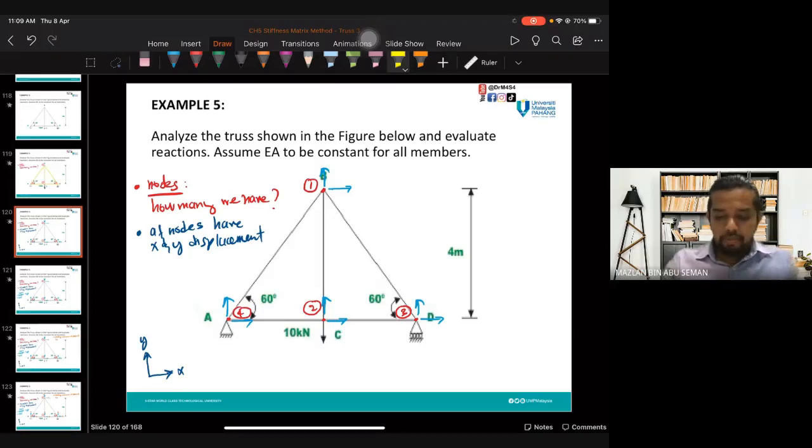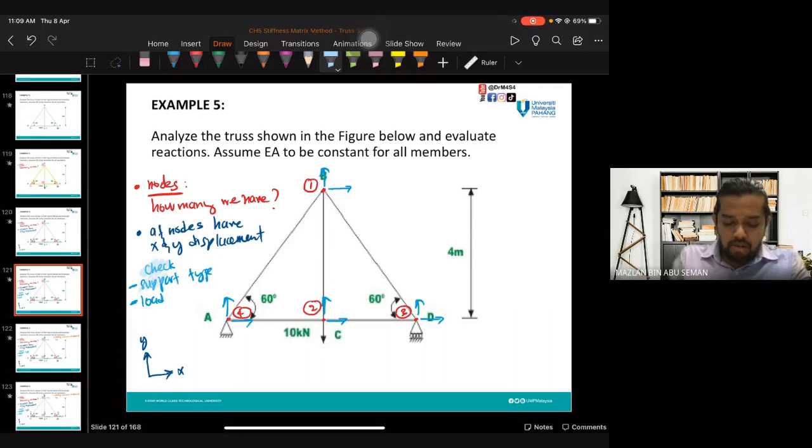Okay, then you know your X and Y direction, your global direction. At each node, we have X and Y displacement. So remember, at each node you have X, Y displacement. Then check the support type.